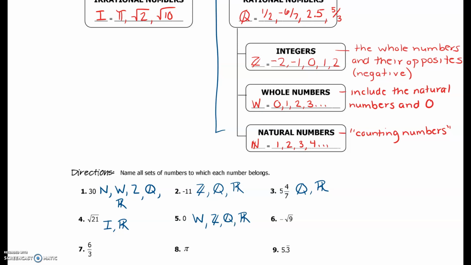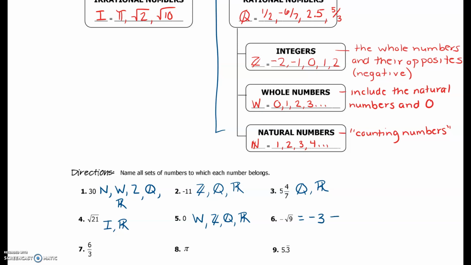Okay. Now, number 6 and number 7, I want you to be careful. You need to simplify. If things are written in an order like this, you have the negative square root of 9. Well, the square root of 9 is actually equal to 3, so the negative square root of 9 is -3. If you consider the number -3 as the number you're looking for, you will then place it in the integer category.